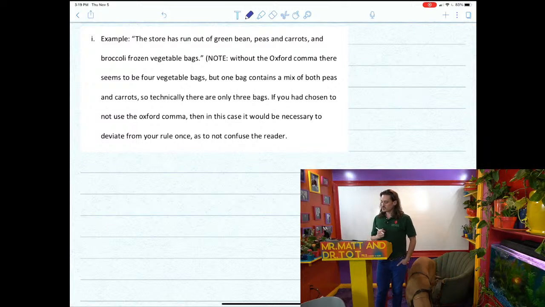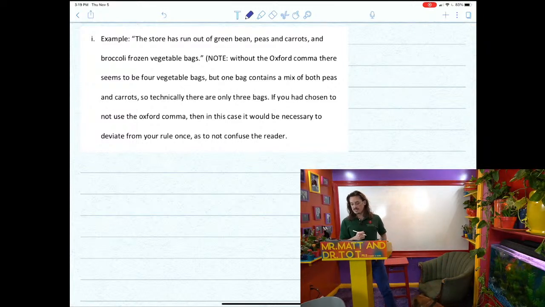So for example, the store has run out of green bean, peas and carrots, and broccoli frozen vegetable bags. So notice without that Oxford comma, it would be confusing as to how many vegetable bags or combinations there are. Right?